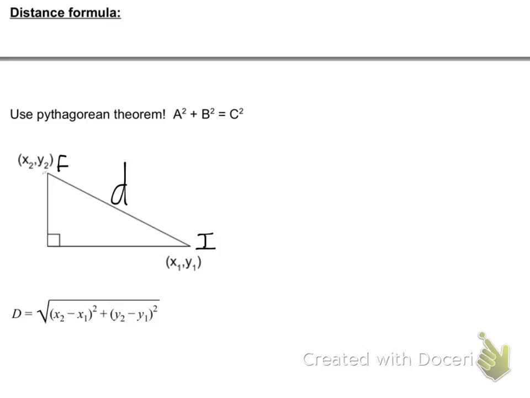So the question is, what is the point at the intersection, or at the 90 degree? What would that point be? And no, it's not x3, y3. It's made up of the other two. Let's think of it this way.